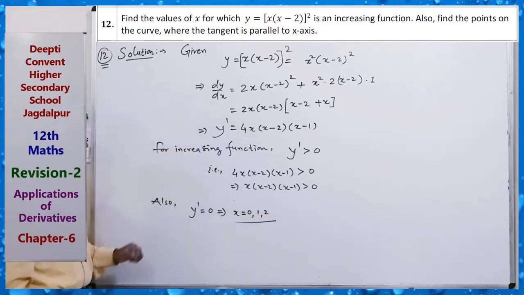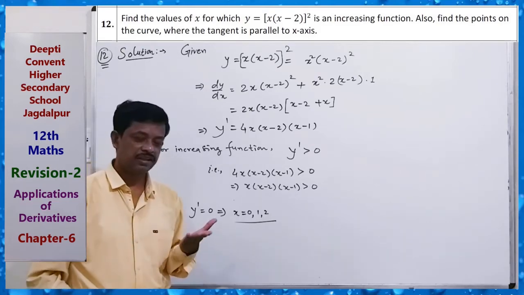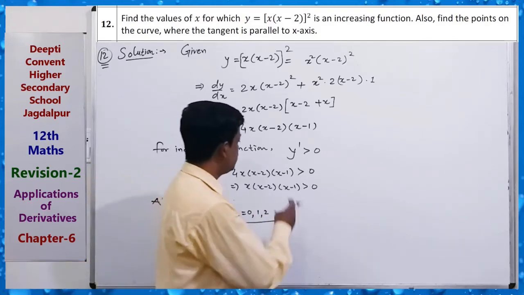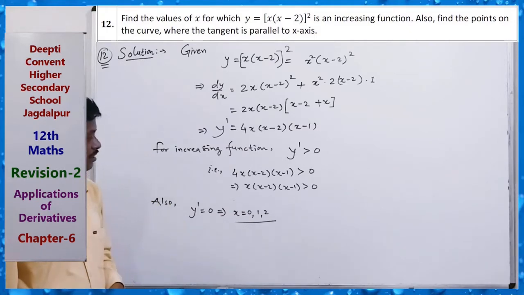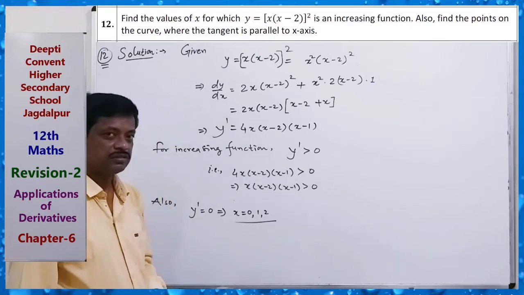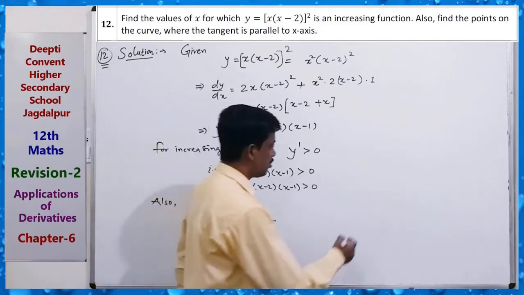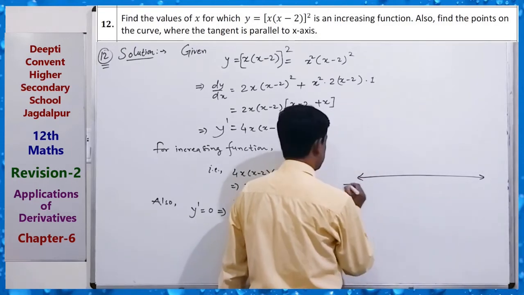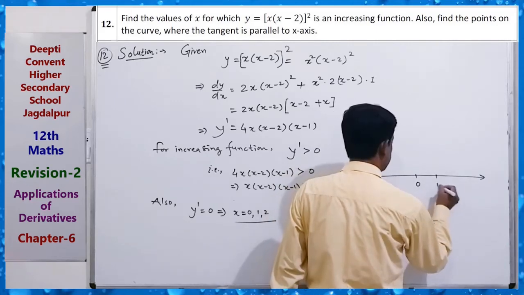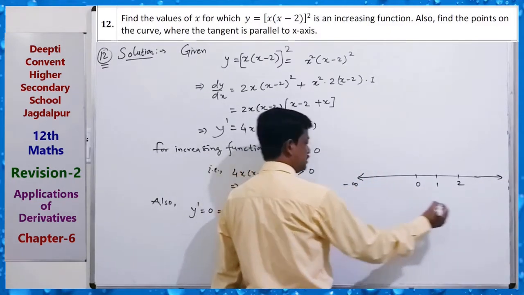So these are the points where the derivative, the slope of the tangent to the curve, is 0. So for finding the intervals in which the function is increasing, we can draw like this: minus infinity, 0, 1, 2, and plus infinity.